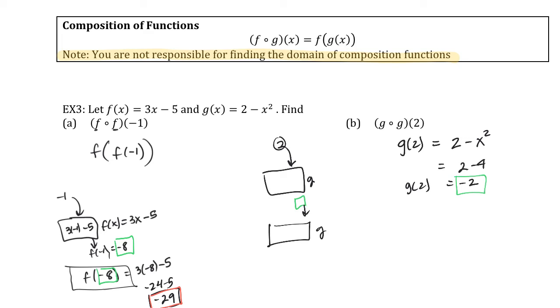That's now the number that we plug back in. So we take 2 minus input squared, negative 2 squared, 2 minus 4 is negative 2 again.